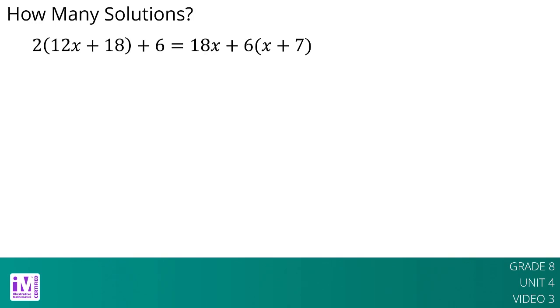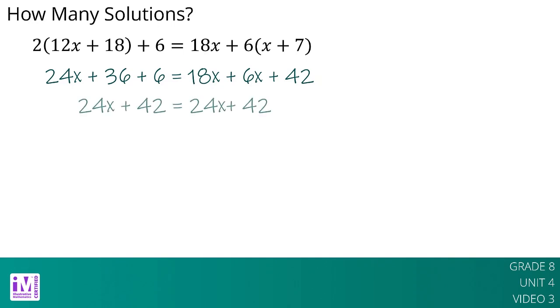Using the distributive property on the left and right sides, we get 24x + 36 + 6 = 18x + 6x + 42. From here, collecting like terms gives us 24x + 42 = 24x + 42.